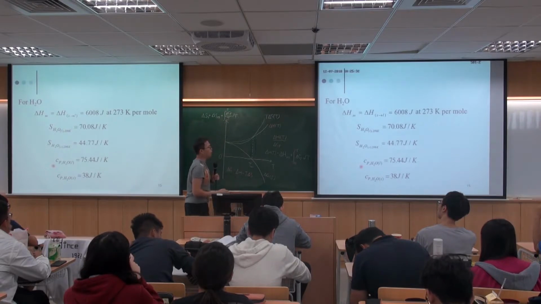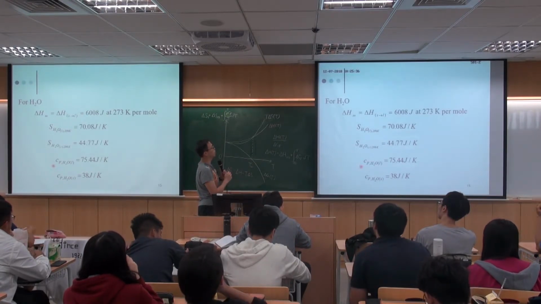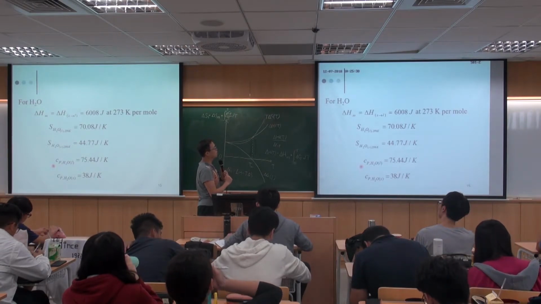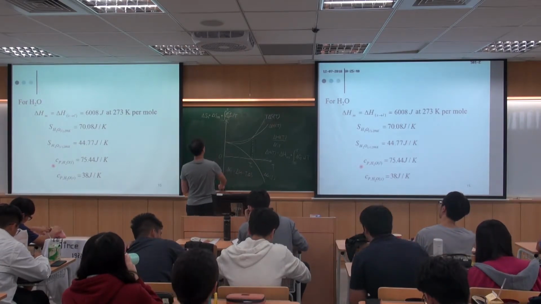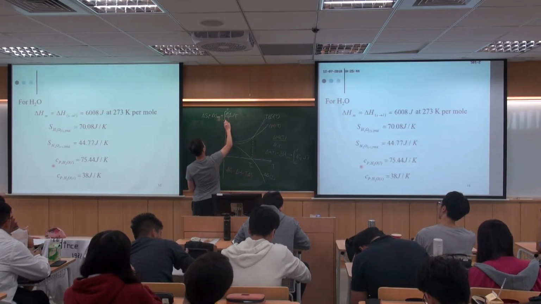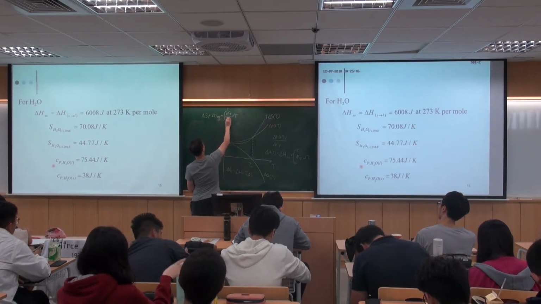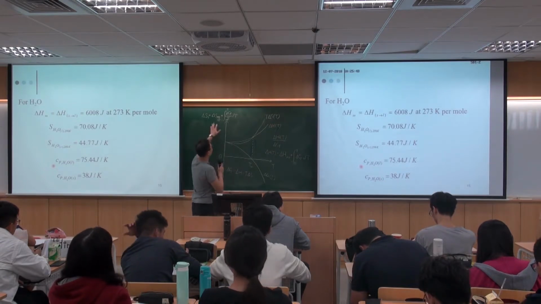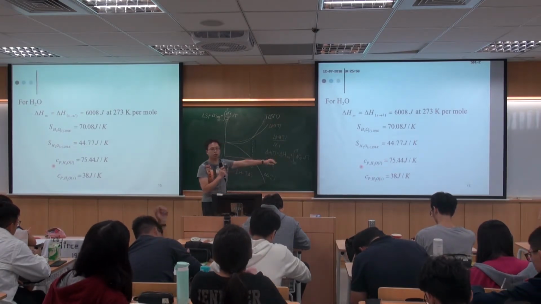So it really depends on what kind of initial temperature you have. Maybe for this case, we need to use 298, for instance. So these are what we learned in chapter 6.